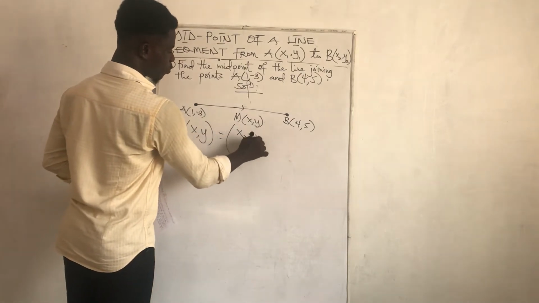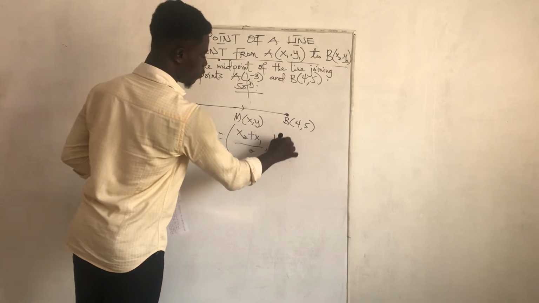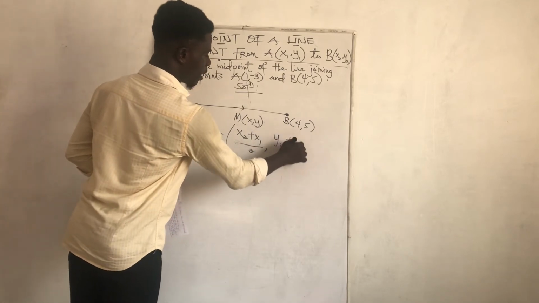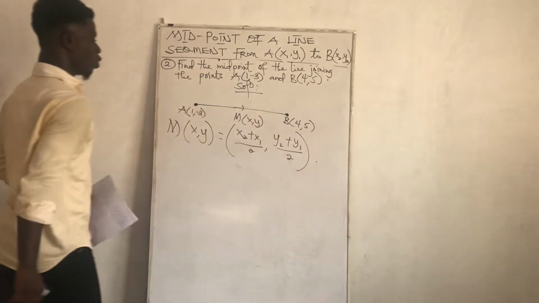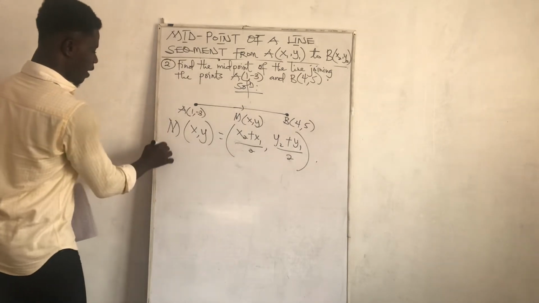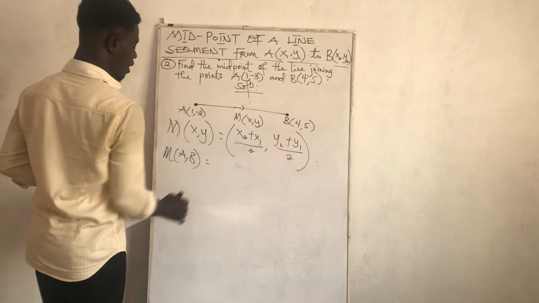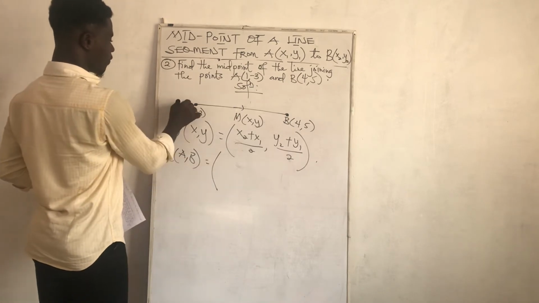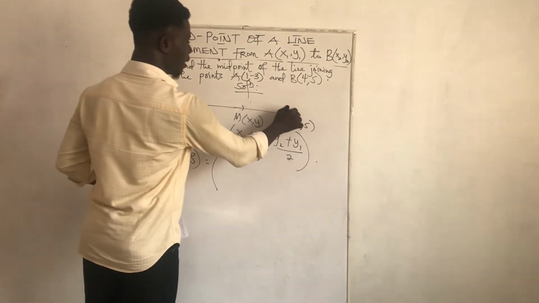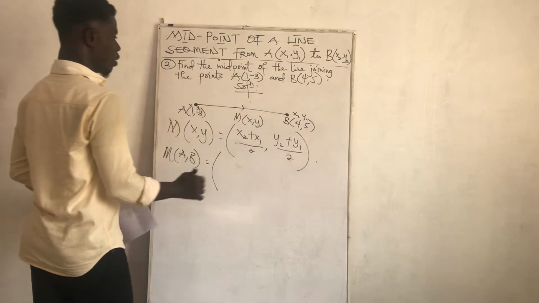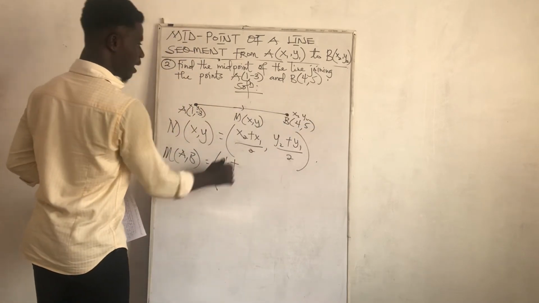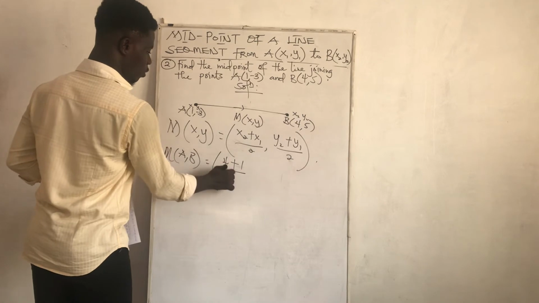gives us X2 plus X1 all on 2, then Y2 plus Y1 all on 2. So we have the midpoint of AB must be equal to, with X1, Y1, then X2, Y2: X2 gives 4 plus X1 gives 1, all on 2.